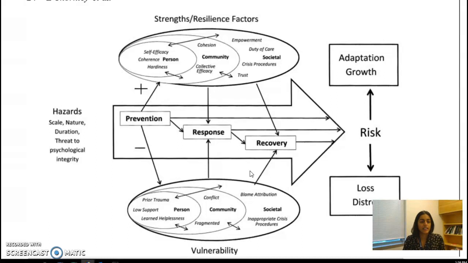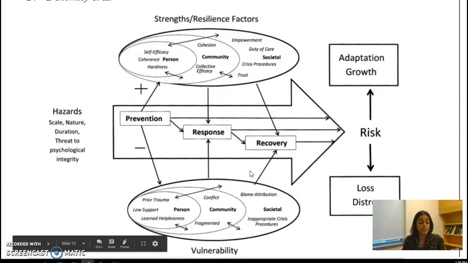So looking at these different factors, on the person level, the strengths are self-efficacy, coherence, hardiness, and the vulnerabilities on that level are prior trauma, low support, learned helplessness. For community, it's cohesion, collective efficacy, and for community vulnerabilities, it's also conflict and fragmentation.